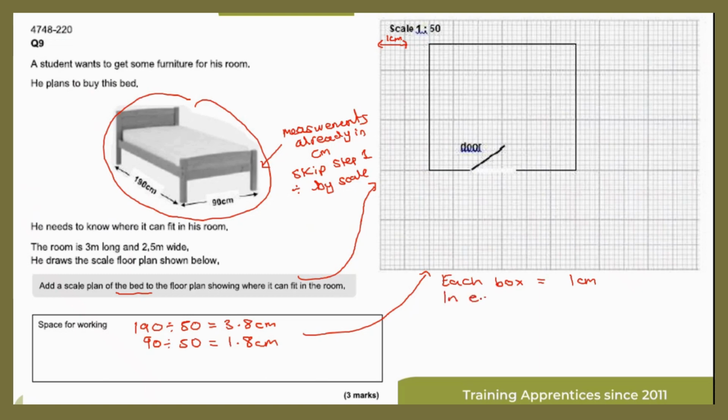In each box equals 5 mini lines. So what we do to work out the mini lines or the increments is we do the total between the lines, which is 1, divided by how many lines there are, which gives us 0.2 centimetres. So each mini line is worth 0.2.